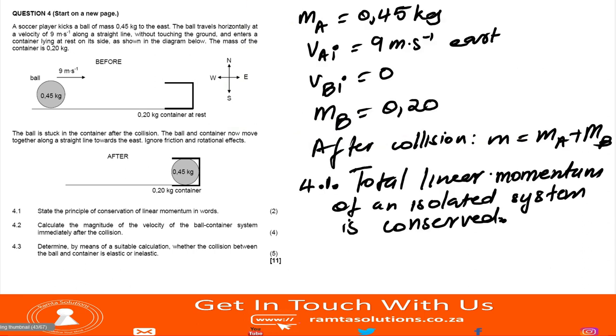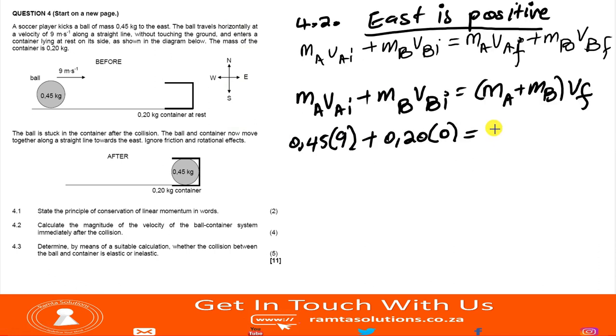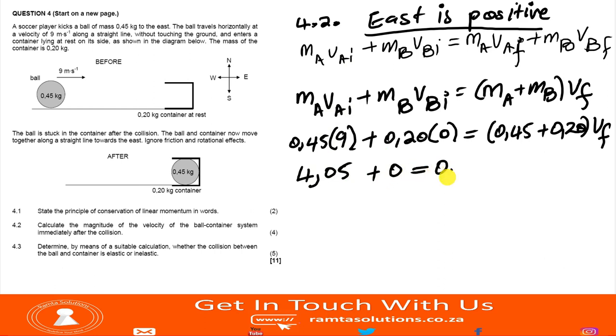Now, this will be 0.45 times 9, which is 4.05. Anything multiplied by 0 is 0. And on the right, this will be (0.45 plus 0.20) times Vn, which is 0.65 Vn.